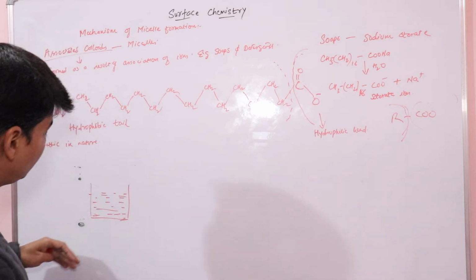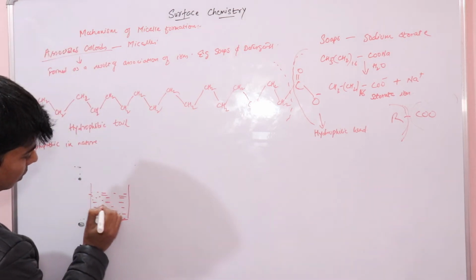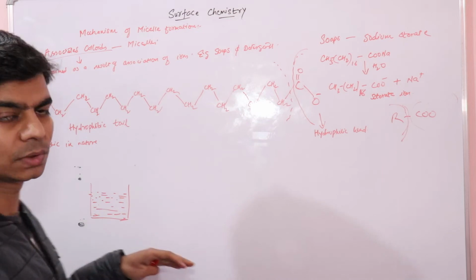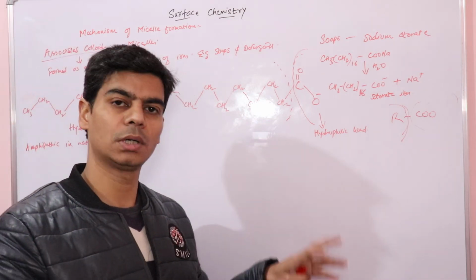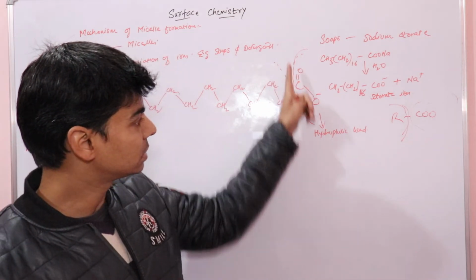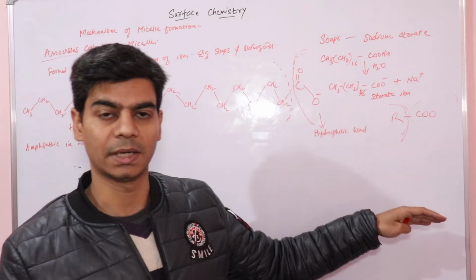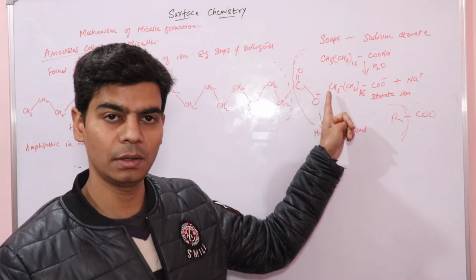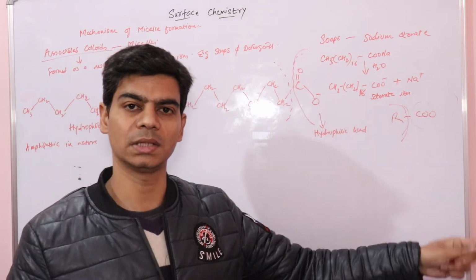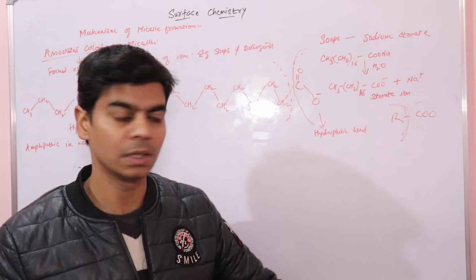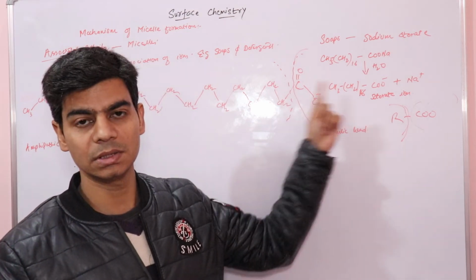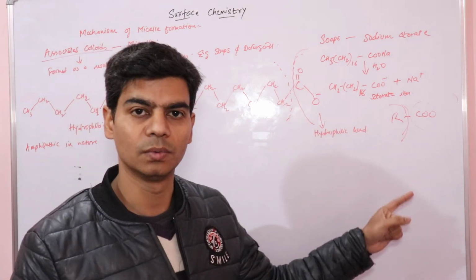So when you add it in water, it will not interact with water, or it will interact to a very lesser extent, whereas this hydrophilic head will interact with water to a greater extent, because it has charge on it. And we know that water also has positive and negative charge on it. So due to the presence of ions, this can easily interact with water.